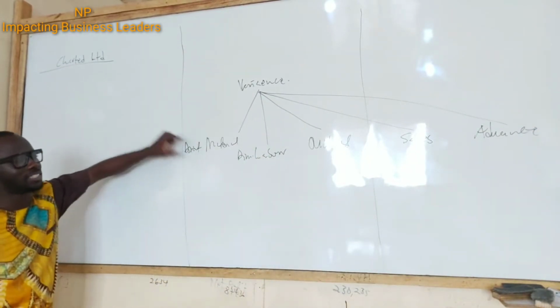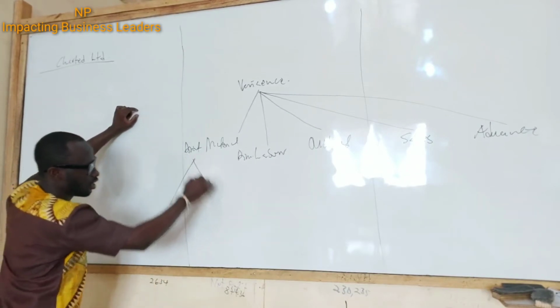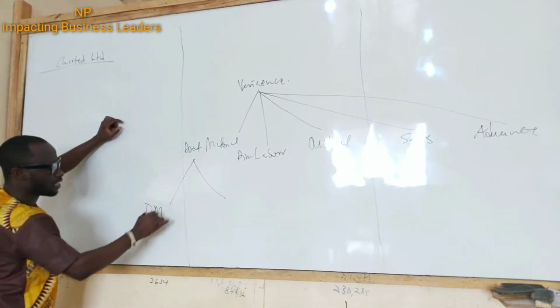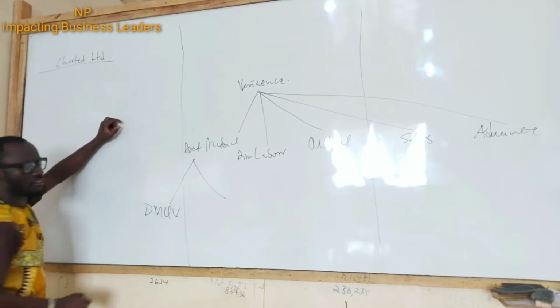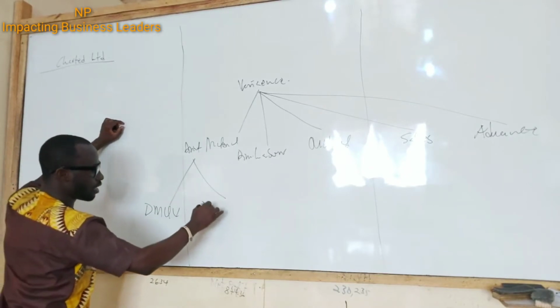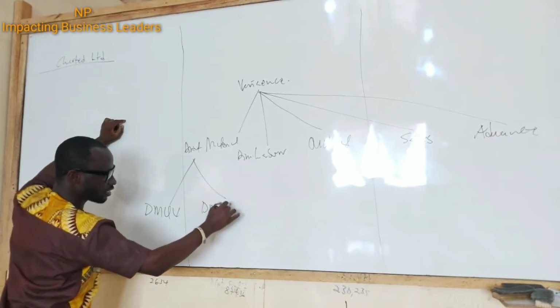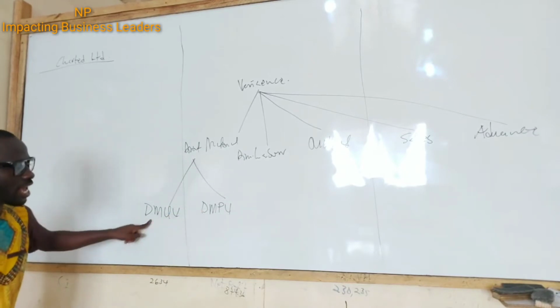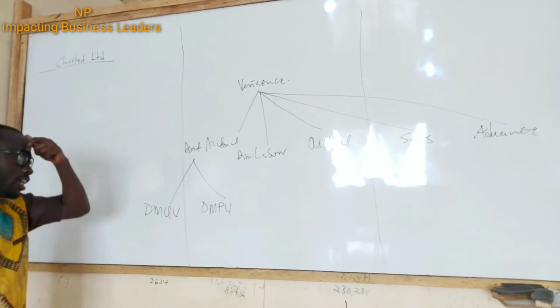So under the material, two things. We have what we call direct material usage variance, direct material price variance. So these are the two there that the examiner is saying we should calculate.